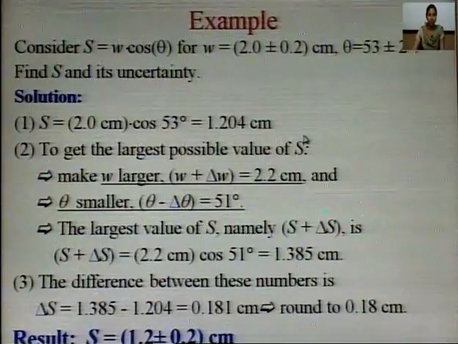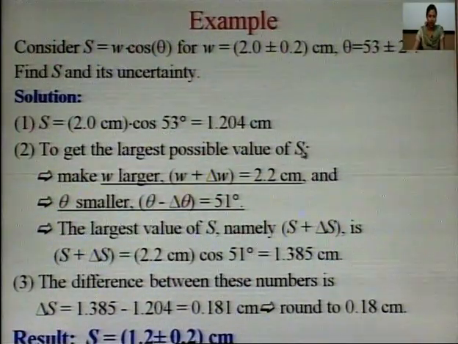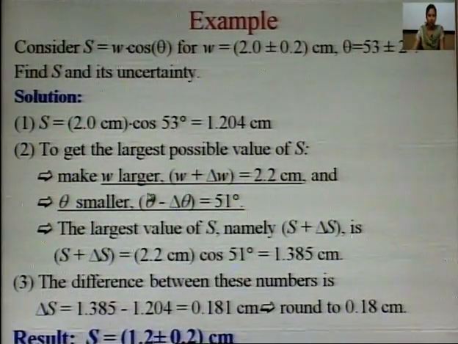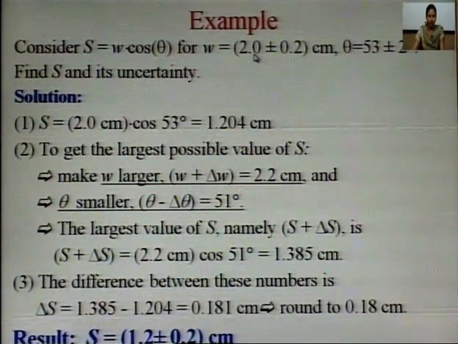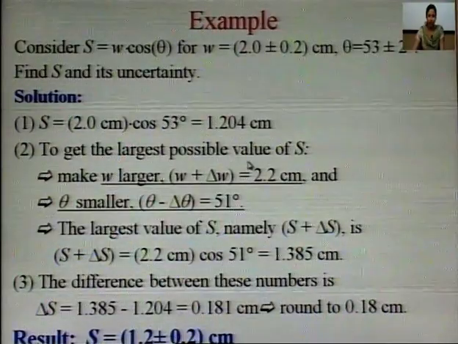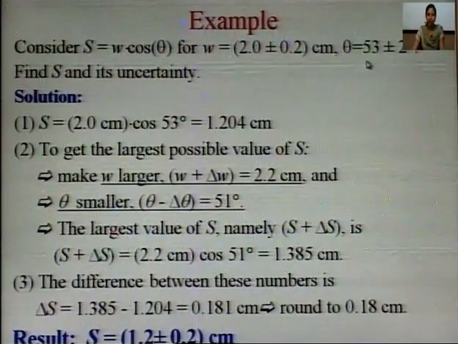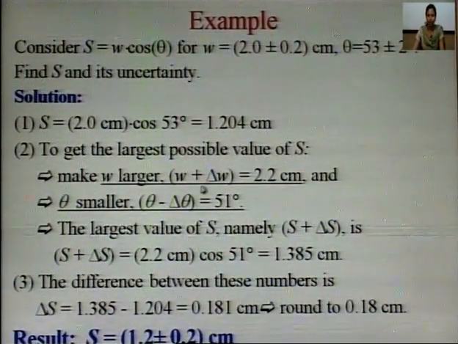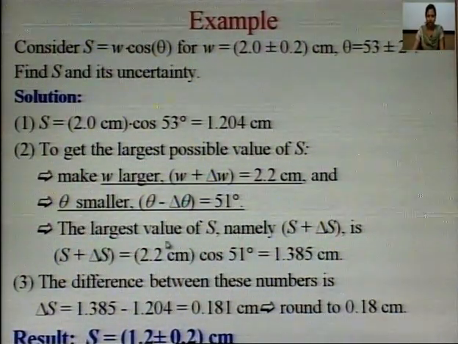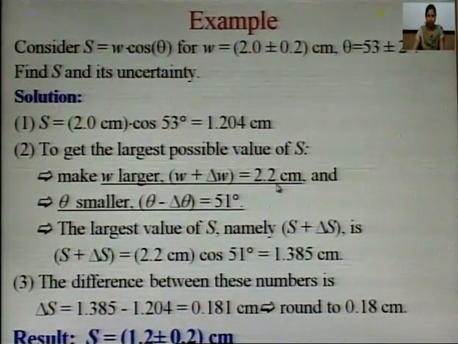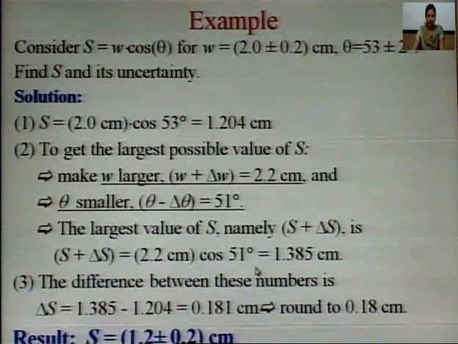But the largest possible value of the error in S is calculated using the maximum value of W. Maximum value is 2.2, so W is 2.2, and minimum value of theta is 51. So the largest value is 2.2 into cos of 51.